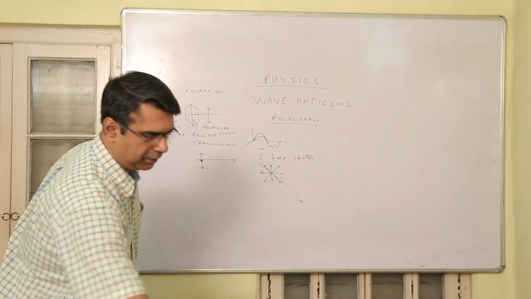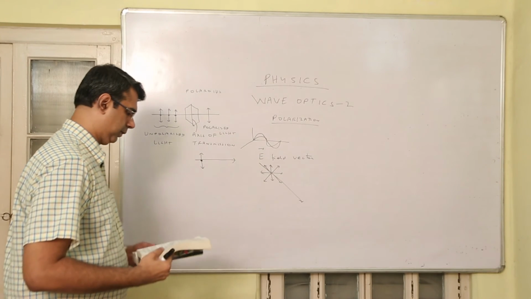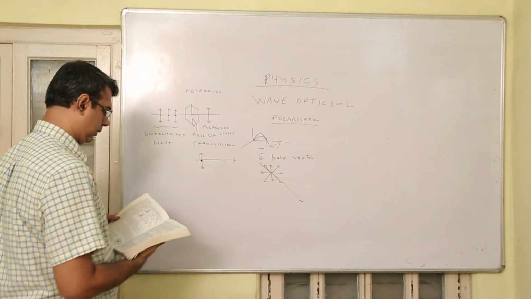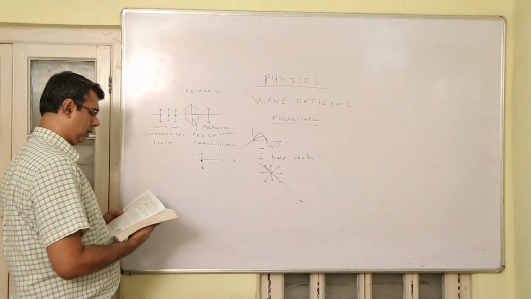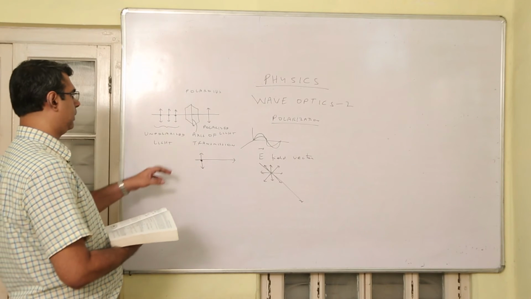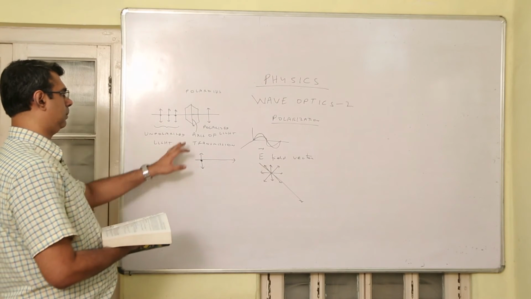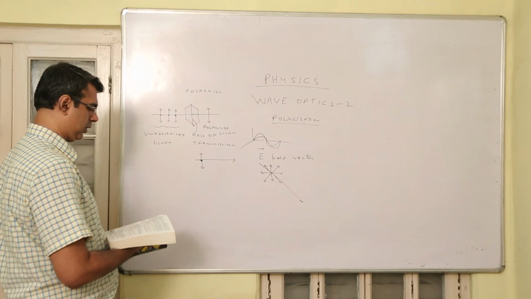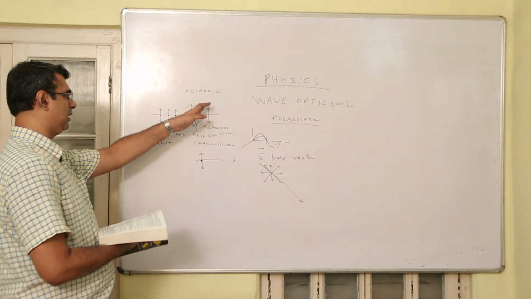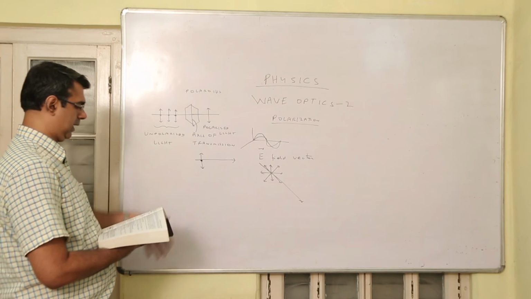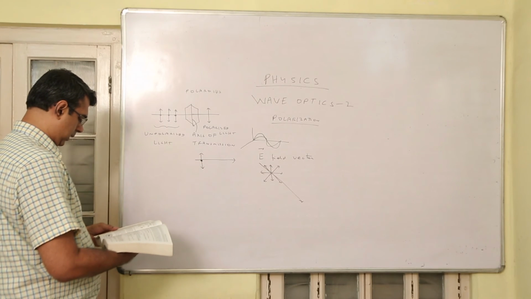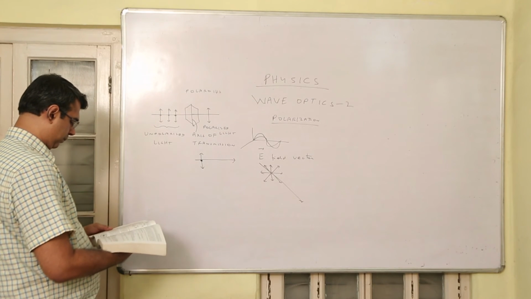So the definition of polarized light, we could say that the vibrations of the electric field vector occur perpendicular to the direction of propagation and are confined to a single direction. So only this direction is possible, any other direction is not possible.